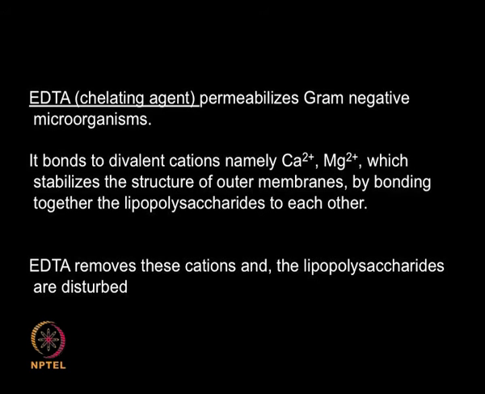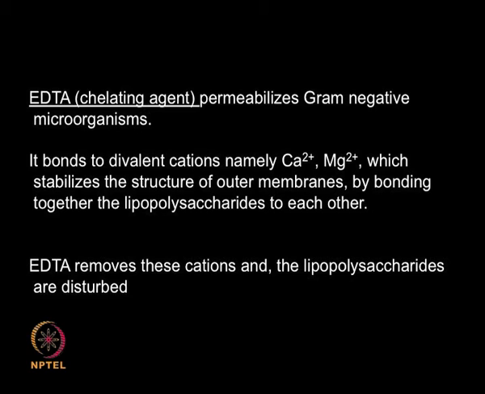EDTA is a very common permeabilizer. It is a chelating agent, and it is very good for gram negative organisms. What it does is bind to divalent cations like calcium and magnesium. These calcium and magnesium are present on the cell surface. They stabilize the structure of the cell surface, especially the outer membrane. They bond various lipopolysaccharides together.